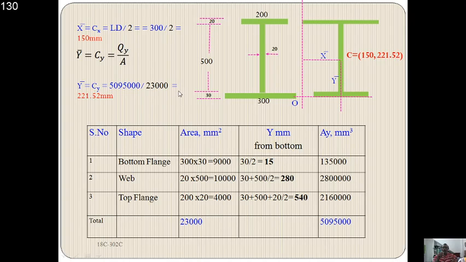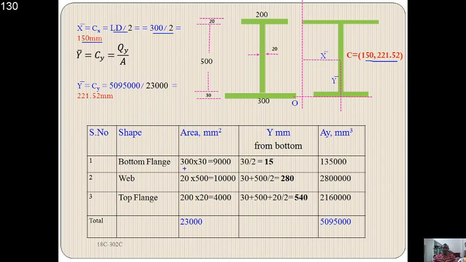For this, the same procedure: place the entire I section in the first quadrant, then determine its centroid positions, x bar and y bar. After finding x bar, it is L by 2, therefore 300 by 2, 150 mm.